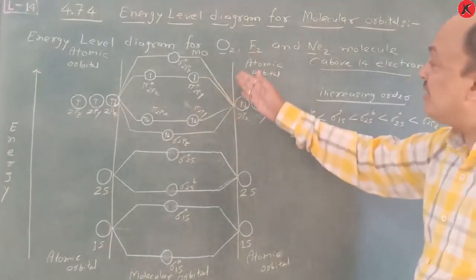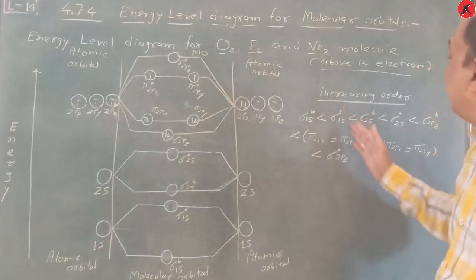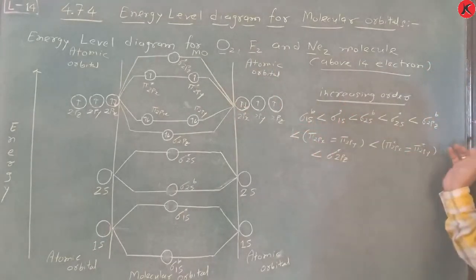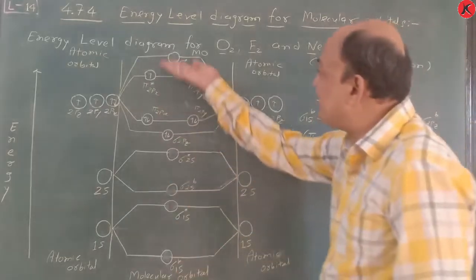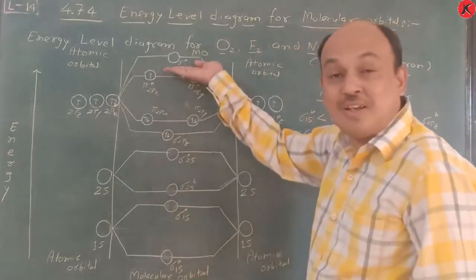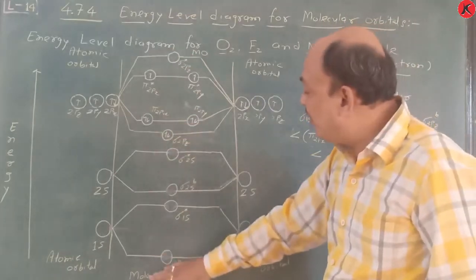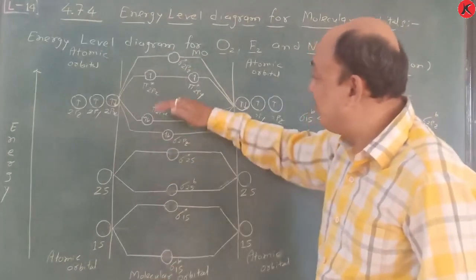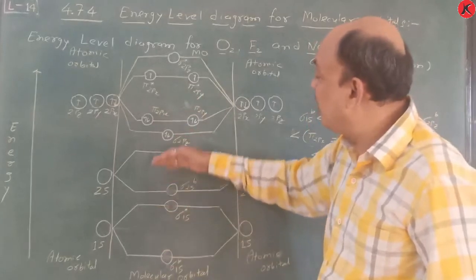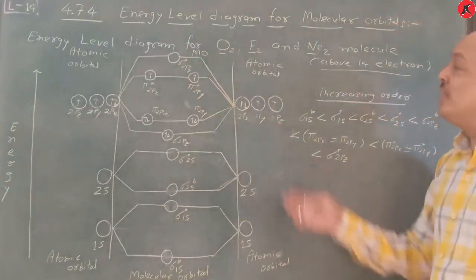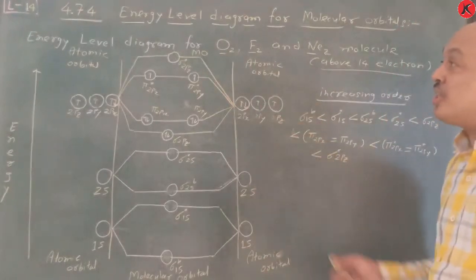And this is increasing order, sigma 1s bonding up to sigma star 2pz. This is a very simple way. Energy increases as we move upward. Bonding molecular orbitals possess lower energy, and anti-bonding molecular orbitals possess higher energy. This is a very easy topic. Write it completely and take a screenshot of this.